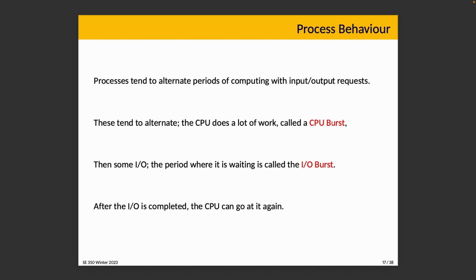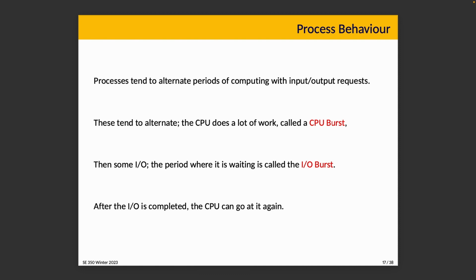Okay, we'll also talk about process behavior. It's noteworthy that processes tend to alternate periods of computing, using CPU time, with input and output requests, and these really do tend to alternate. A typical program that exhibits this behavior loads some data, processes it, goes to the next chunk of data, loads it, processes it, and so on.